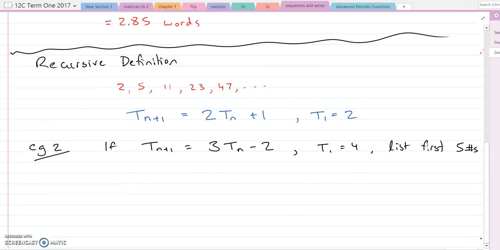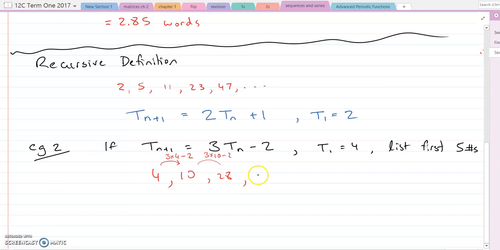Well, we know the first number is going to be 4. For the next number, multiply by 3 and subtract 2. 3 times 4 minus 2: 12 minus 2 is 10. 3 times 10 minus 2 is 28, and so on.